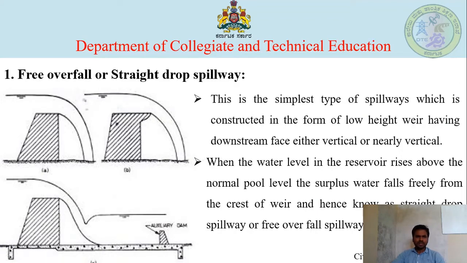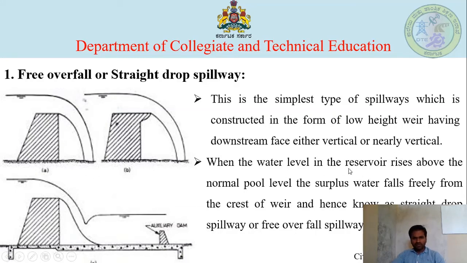First, let's see the free fall or straight drop spillway. This figure shows the free fall spillway or straight drop spillway in different forms. This is the simplest type of spillway, constructed in the form of a low height weir having a downstream face either vertical or nearly vertical.